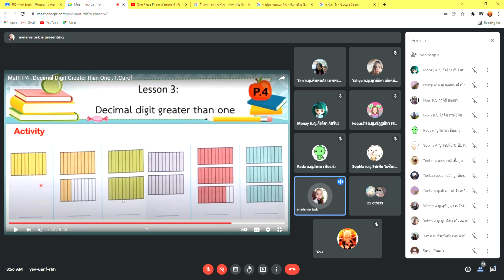Okay, next for number 3. Number 3, we have a whole number. Okay, so there are 2 rectangles equally divided into 10 parts and they are all shaded. Okay, so if you're going to read this one, how are you going to do it? Very easy.